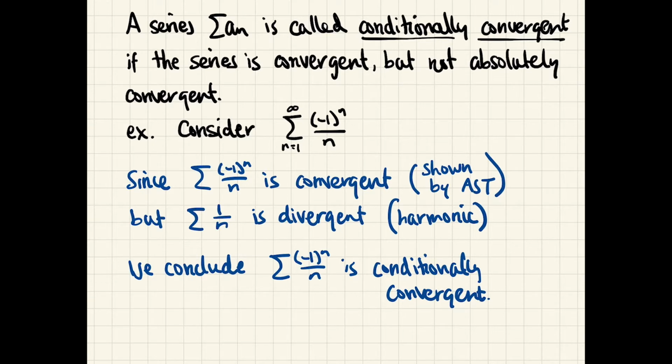So to be clear, both conditionally convergent and absolutely convergent are convergent, right? So they are convergent as we understand that term. The adverb, conditionally or absolutely, gives us information about the absolute version of the series.